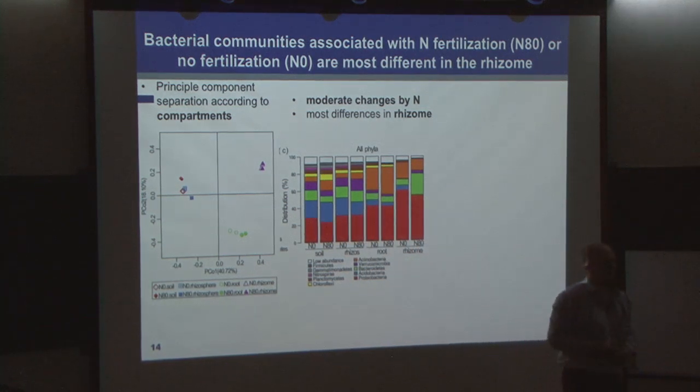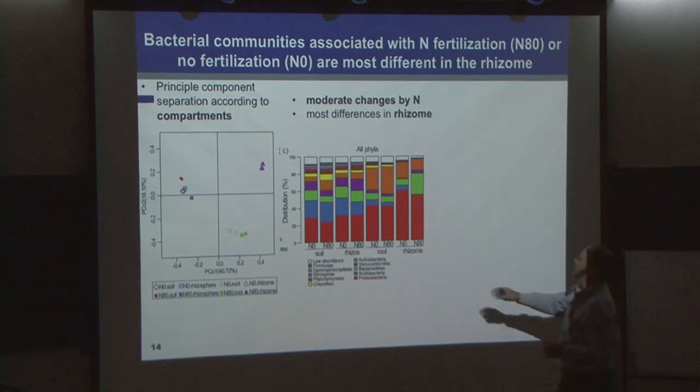Moderate changes with nitrogen. It's not so much. It's surprisingly little what happens. And we have seen this in other experiments also. With different species and different farming systems, the nitrogen seems not to affect so much the microbiome of plant-associated and soil-associated fractions.